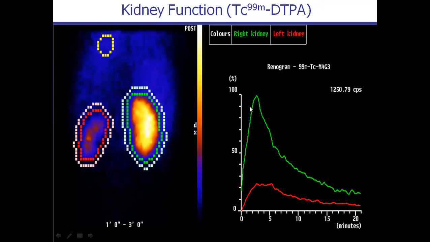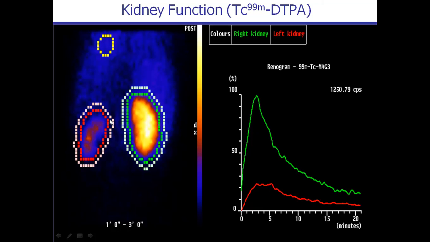What does it look like on images? I mean nephroscintigraphy. Here, the image of the right kidney, green color, is of quite normal size, and the intensity of accumulation of radiopharmaceutical is very high.